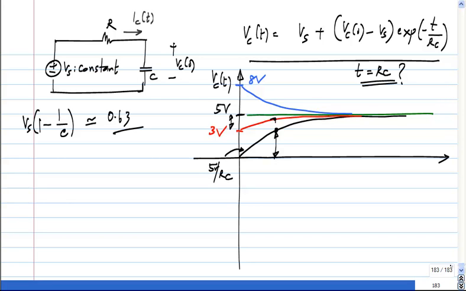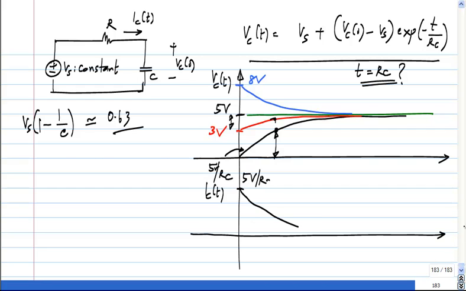And what will the currents look like in each of these cases? The currents through the capacitor, when it starts from 0, what is the initial current? 5 volts by R, and current goes to 0.